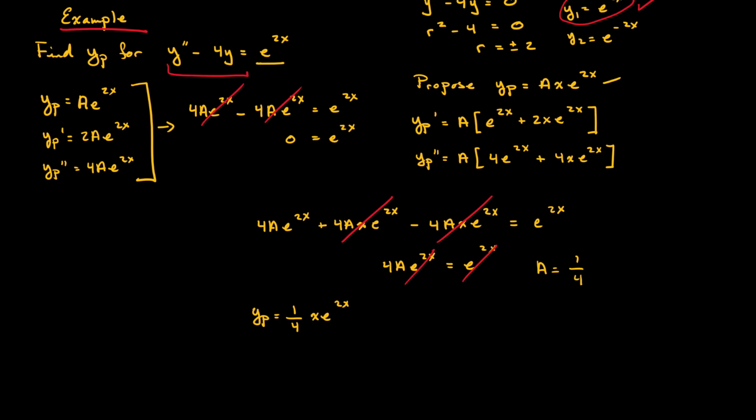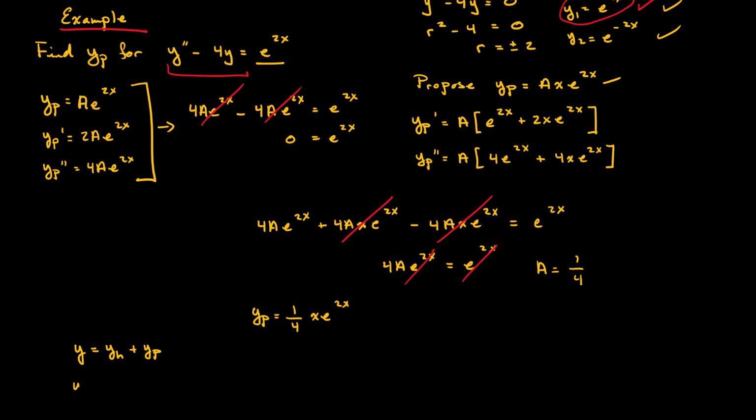Now remember that this is just part of the overall solution. For a non-homogeneous ODE, you superimpose the homogeneous solution with the particular solution. So we found our fundamental solutions, which are e to the 2x and e to the negative 2x.